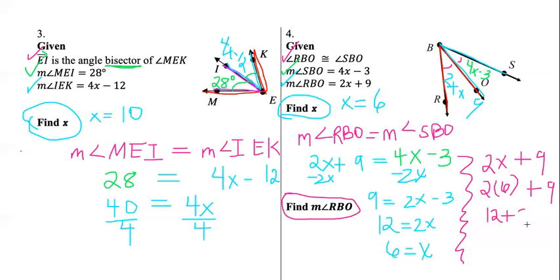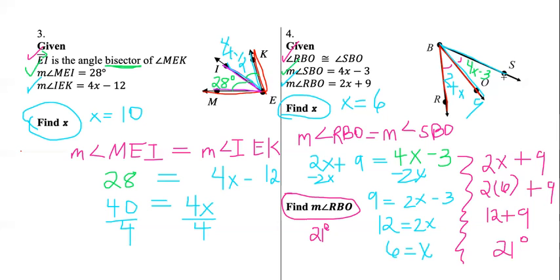Plus 9 should give us 21 degrees. Check my math. 12 plus 9 should be 21. Therefore, the measure of angle RBO should be 21 degrees. And it is important that you put the degree sign. And that would also mean SBO should be 21 degrees too, just because we knew those were congruent.